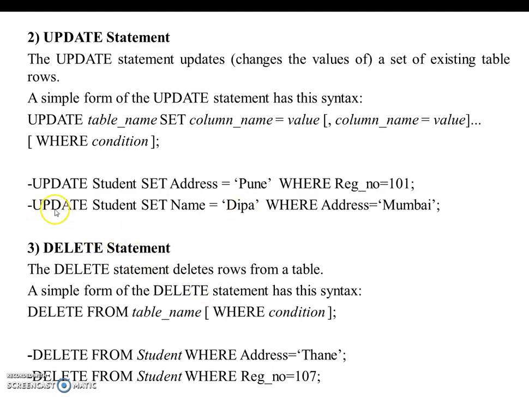One more example: update student set name equal to Deepa where address is equal to Mumbai. It will at first find the address Mumbai. If there are 4 entries, then all 4 entries with address Mumbai will get the name Deepa.